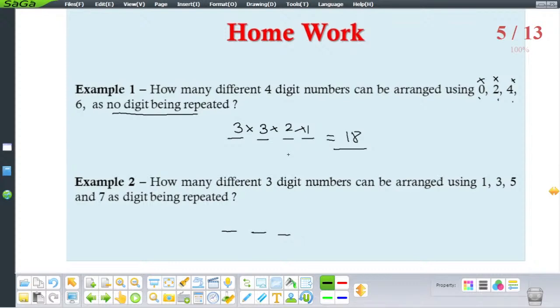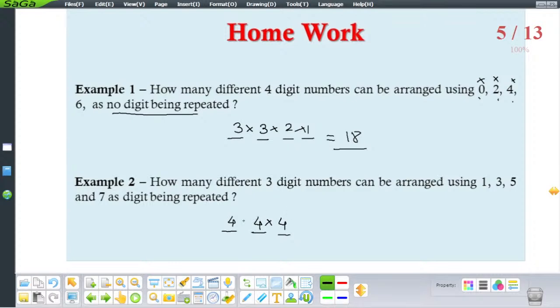Okay, thank you. You got it. Now for the 3-digit number with all digits repeated: all 4 digits 1, 3, 5 and 7 can occupy the first position. Now for the second position, we can repeat whatever digit we have written here. And in the third position again we can repeat.